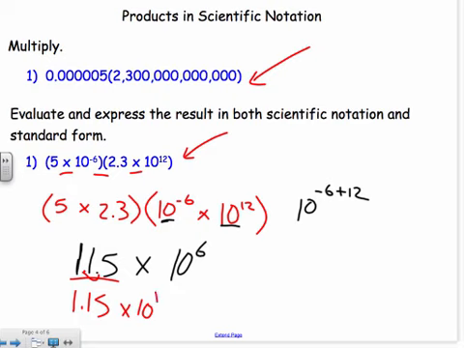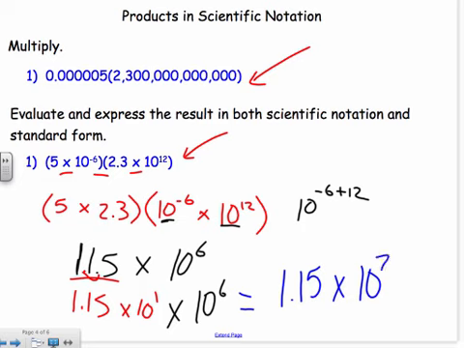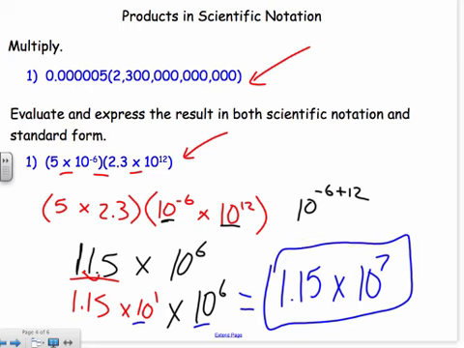Because we want that decimal to move 1 to the right to give us 11.5. And I still have this times 10 to the 6th. So we combine those to give us 1.15 times 10 to the 7th, right? Because I got the same base, we just add their exponents. So there it would be in scientific notation.